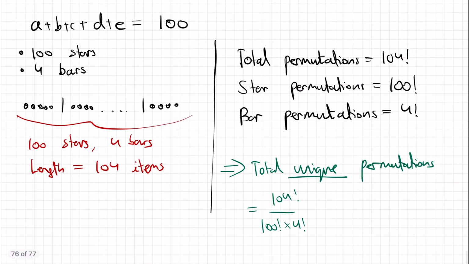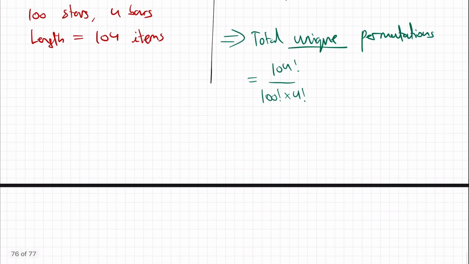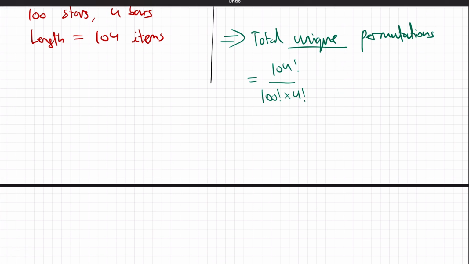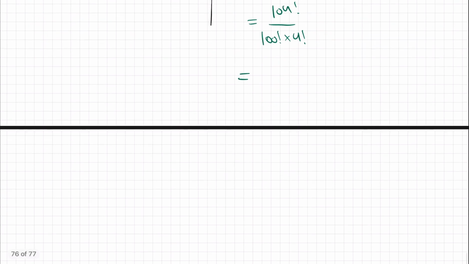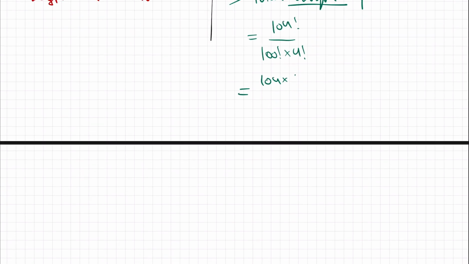Because remember, we're going to find total permutations of a sequence, but we want to eliminate all the ones which aren't unique. So we're just going to eliminate the ones where you rearrange the stars and the ones where you just rearrange the bars, since all of those are not unique. And that gives you this sum. If you try and type this directly into your calculator, you're not going to be able to do it, but with a bit of expanding, you'll see that this is the same as 100 factorial multiplied by these, and then we just get a bit of cancelling.